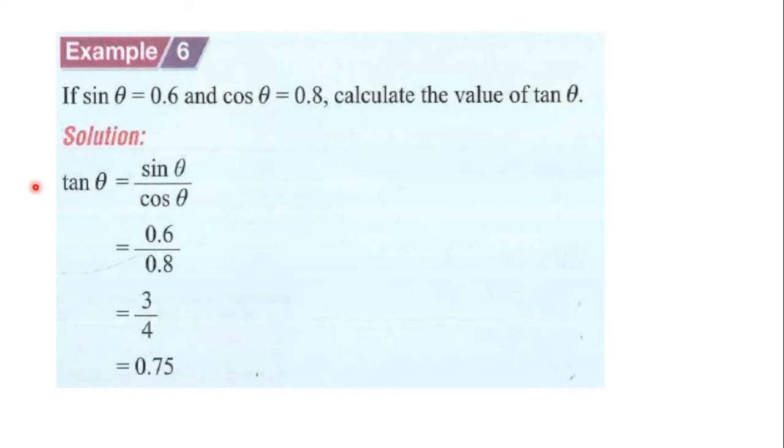Therefore, you use the ratio between sine theta and cos theta. Tangent theta is sine theta over cos theta. Given that sine theta is 0.6 over 0.8, cos theta, then you must simplify this ratio.